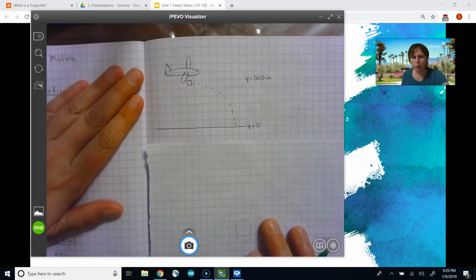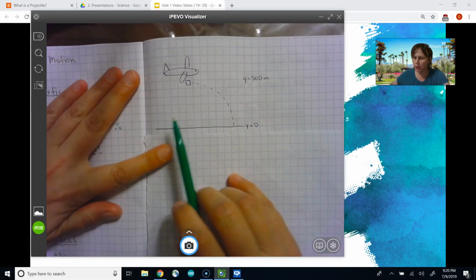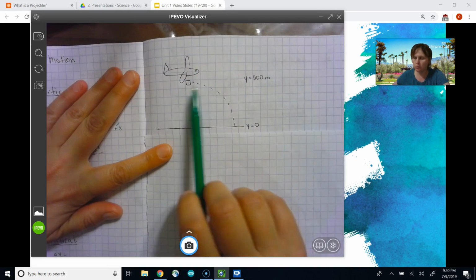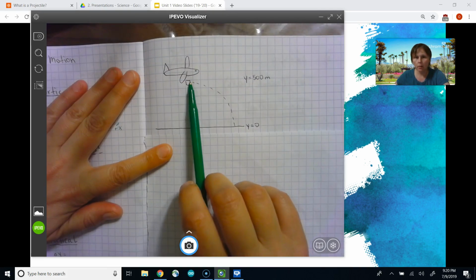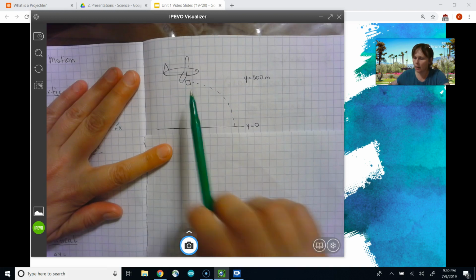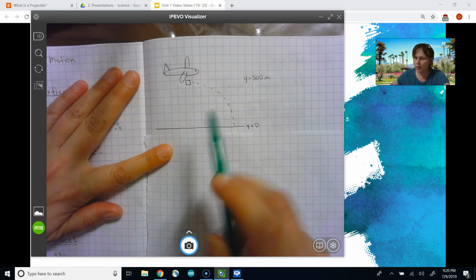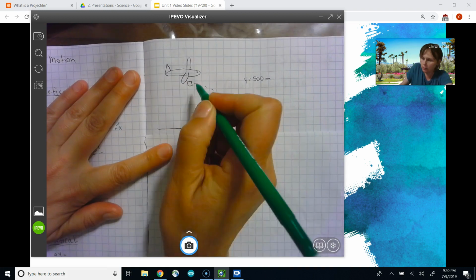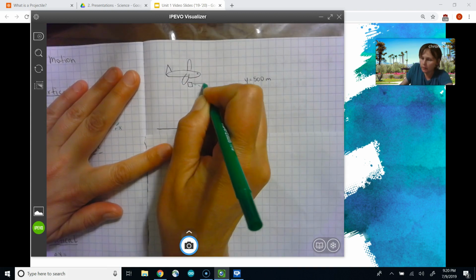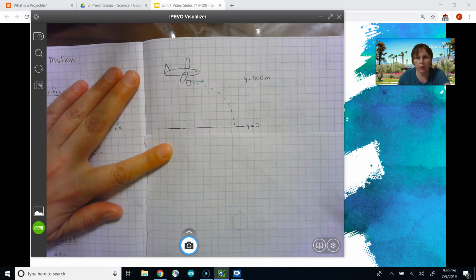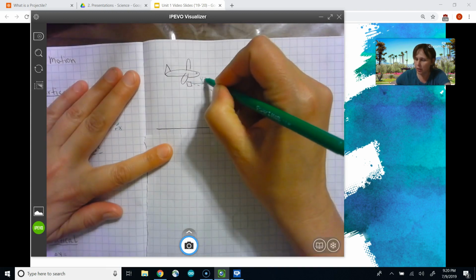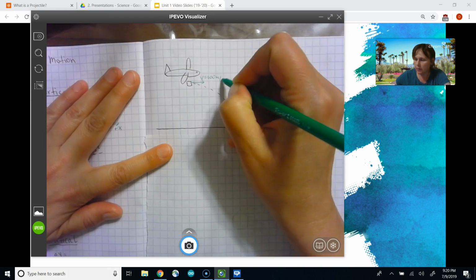So here's our problem. Pictured for this problem, a plane is dropping a supply box, and that is the way the box will be falling, because the initial velocity of the box is the same as the velocity of the plane in the horizontal direction, which is v equals 100 meters per second.